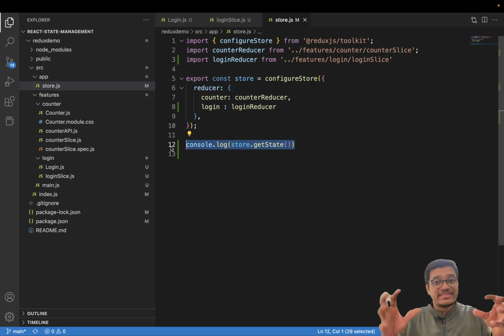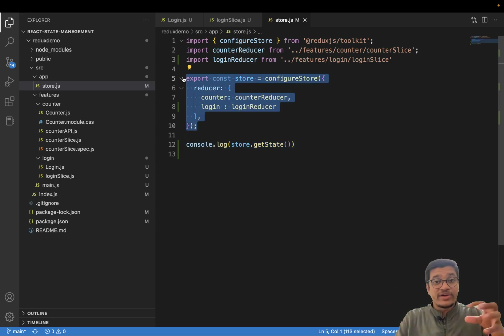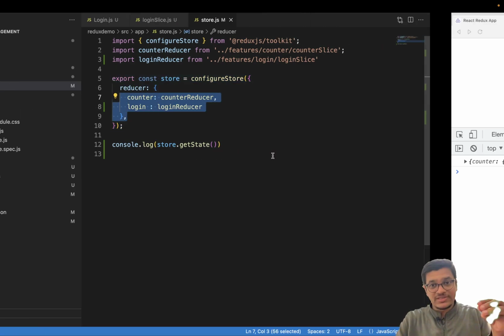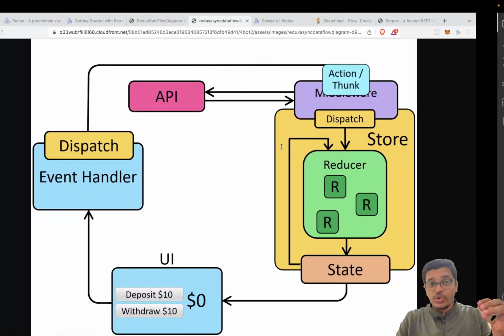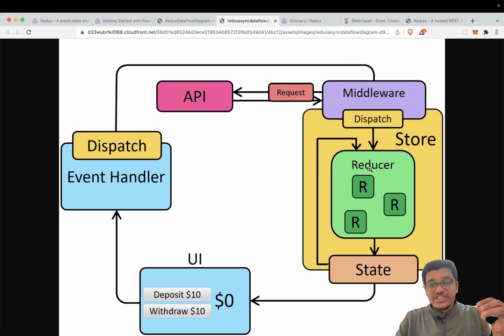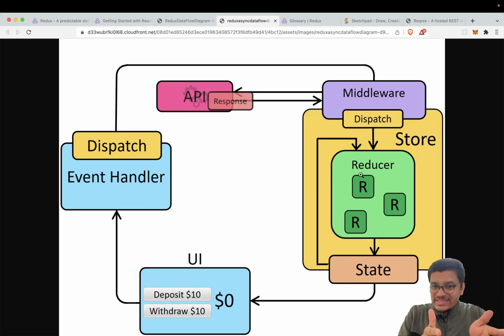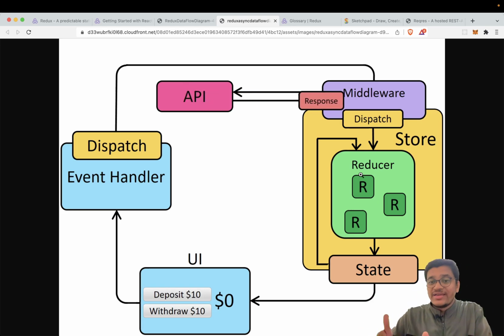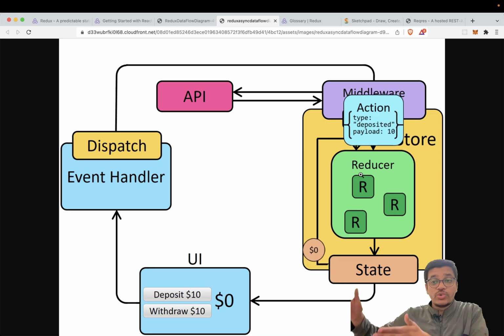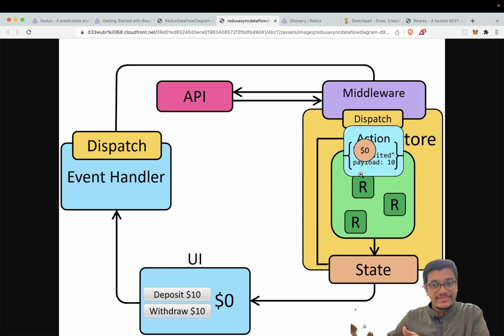A getState is there. This is the configuration of the store. Inside the store, you write the reducers. You name the reducers. Inside the store, you register the reducers. Now, what is the reducer? Old state plus new action is reduced to a new state.